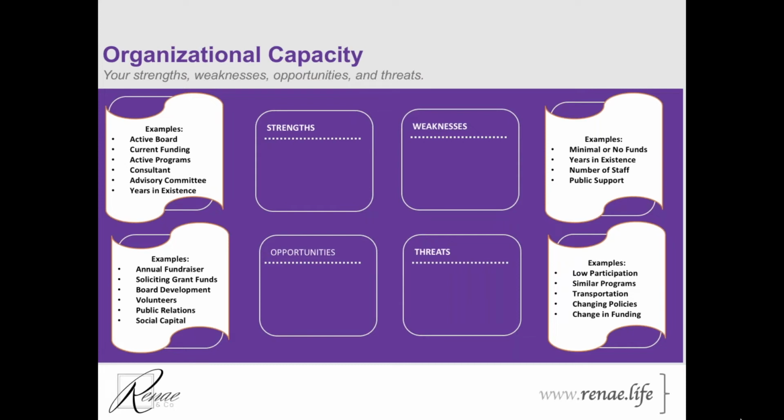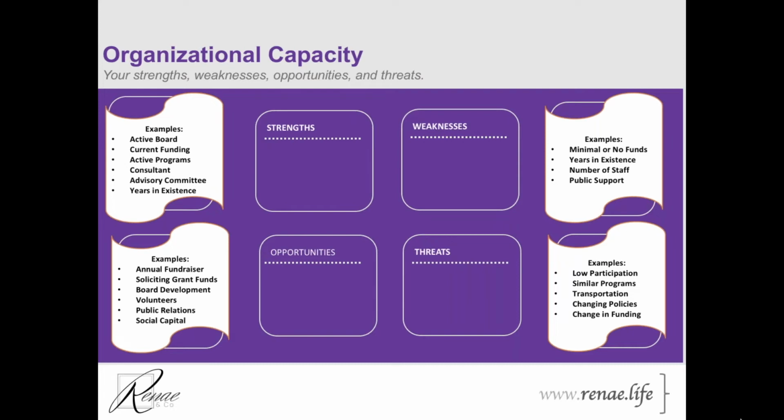There is also a worksheet provided in this course. You can also find that same worksheet in the book, and that book is located on my website, www.renee.life. So let's take a look at this exercise.